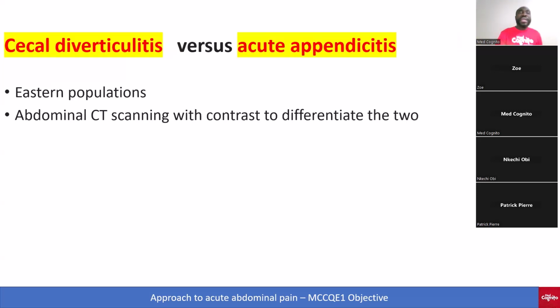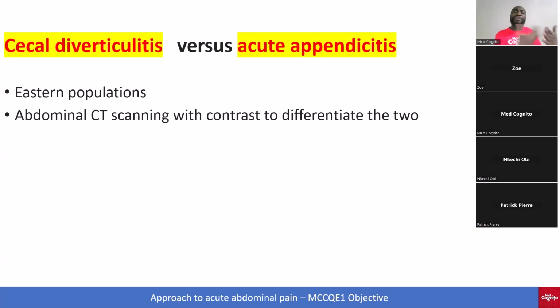Okay, good. Now, what about cecal diverticulitis? Because it was one of the options in the Meckel's diverticulum case. In cecal diverticulitis, and I've seen this interestingly in the ER, I was sure that this patient had acute appendicitis. And then we went to do the CT, and it was a cecal diverticulitis.